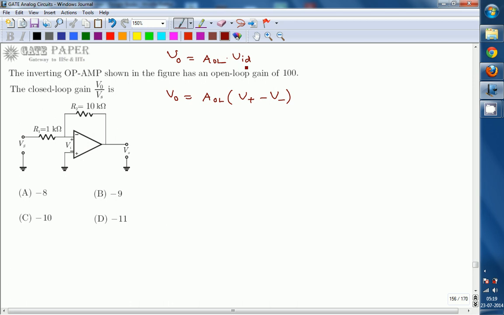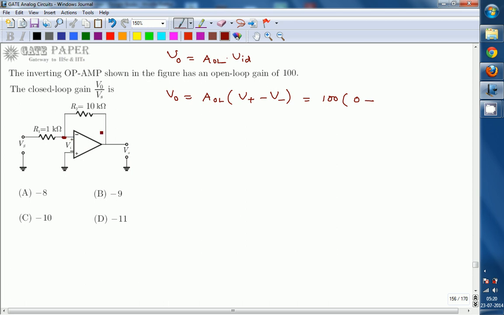VID is nothing but V plus minus V minus. So for this one, V plus is the voltage at the non-inverting terminal, which is connected to ground. So you can write it as AOL, given as 100, times of 0 minus V minus, that is nothing but the voltage at the inverting terminal.